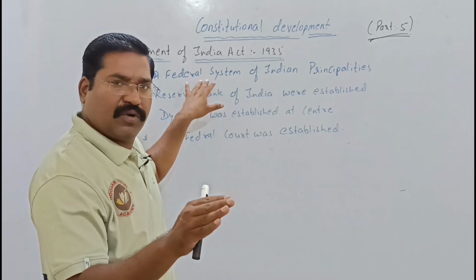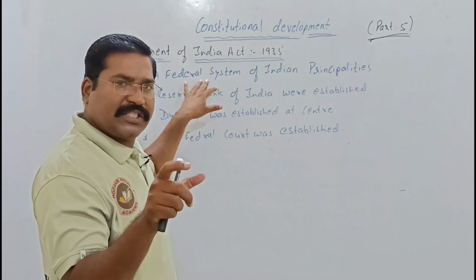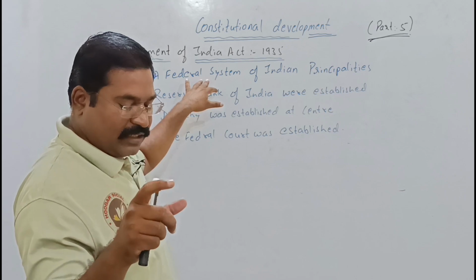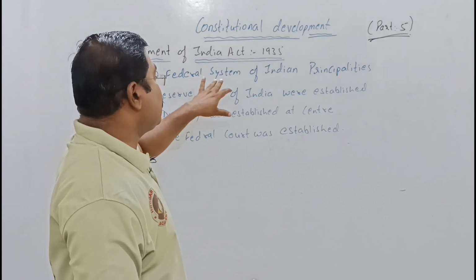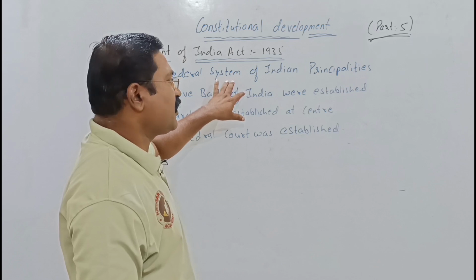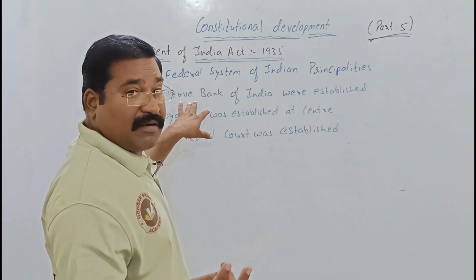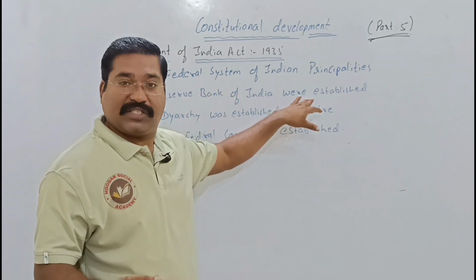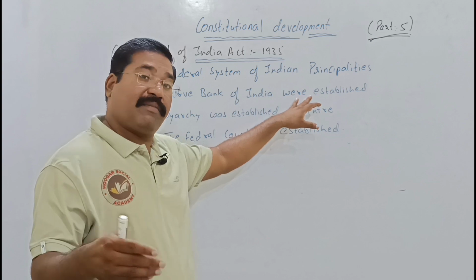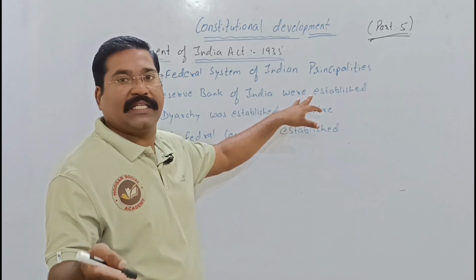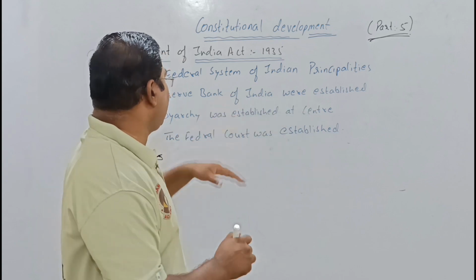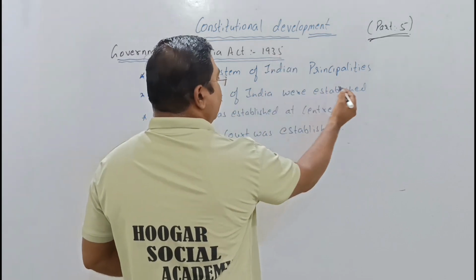It's a division: one governed by the British, and the others related to dominion status. So a federal system of Indian principalities was brought up. The Reserve Bank of India was established, and today we know that the Reserve Bank of India is the mother of all the banks running in the country called India. So it came in the year 1935.